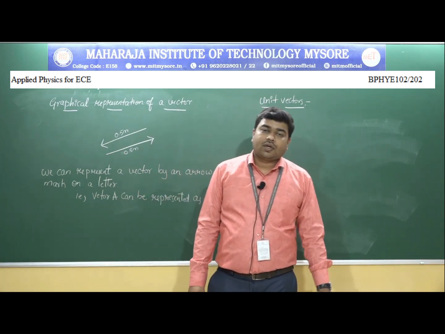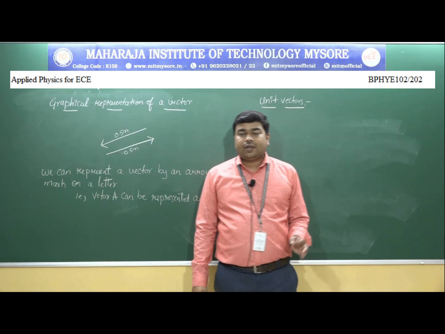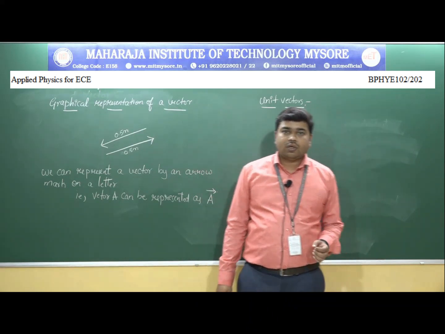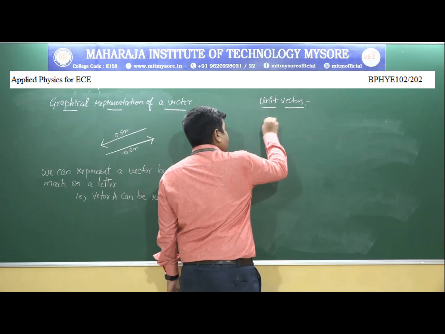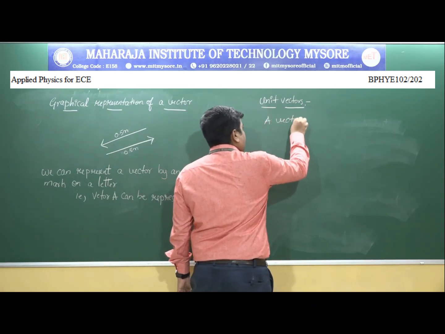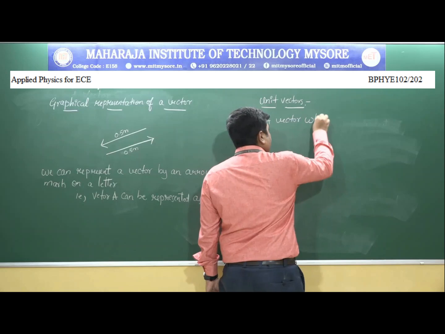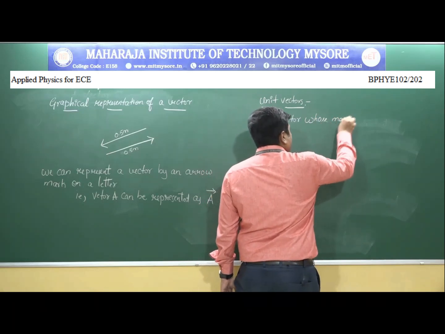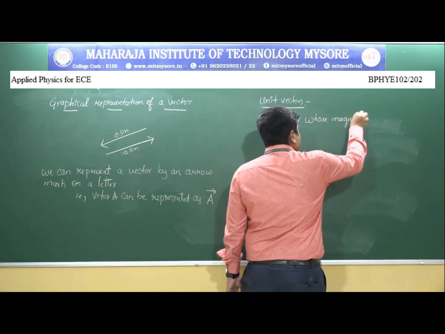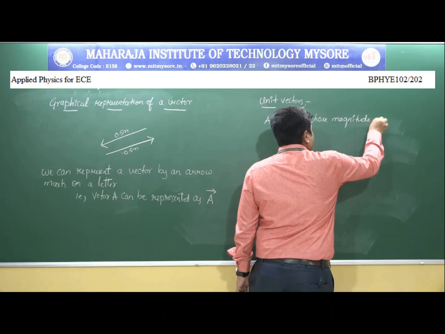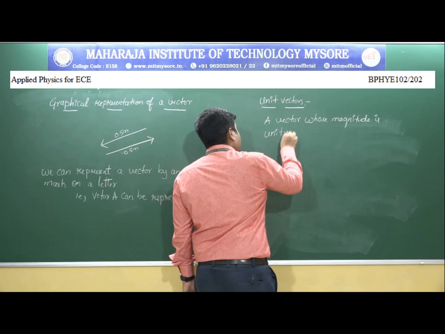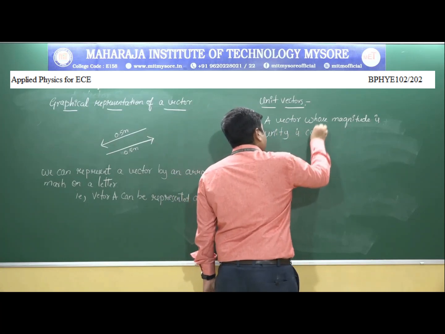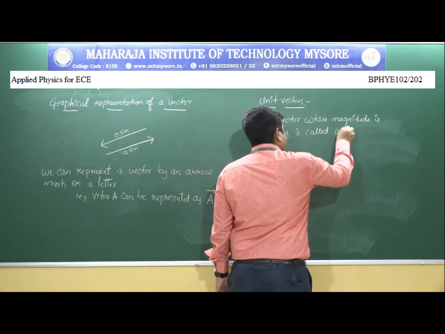I repeat, a vector whose magnitude is 1, or whose magnitude is unity, is called a unit vector.